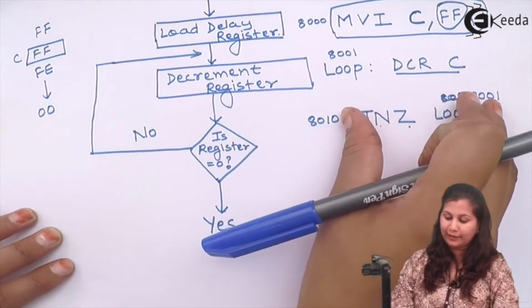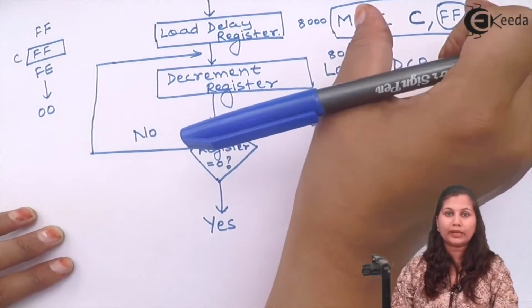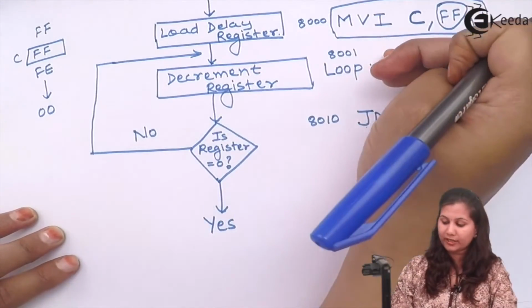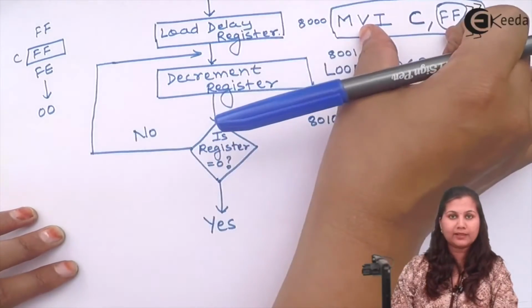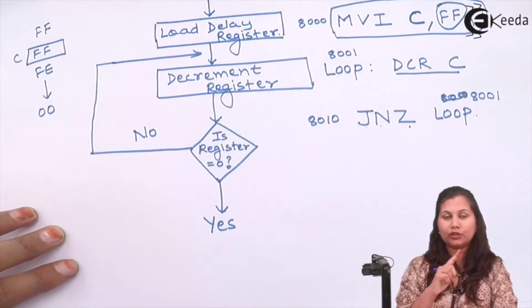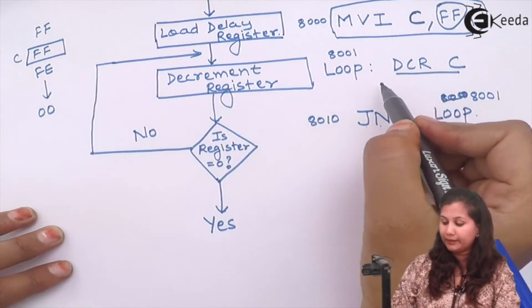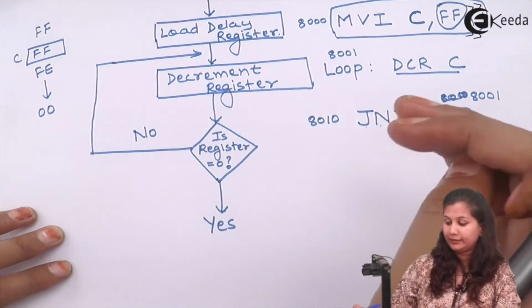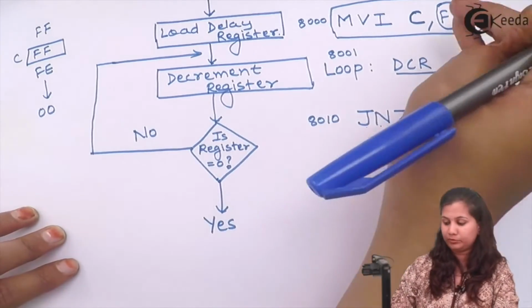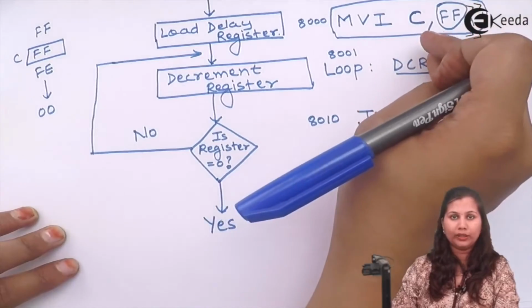Outside the loop, whatever instruction is written will be executed only one time, but the instructions which are written in the loop will be repeated that many times, the number which we have loaded here.